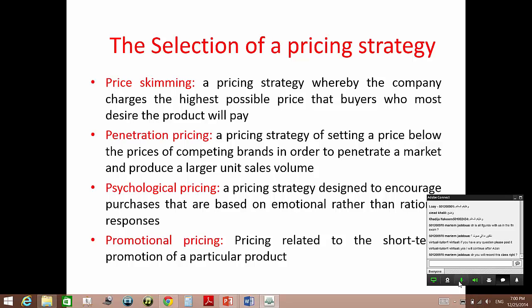That means the companies that use this strategy try to increase the price in order for the customers to perceive that this product is good quality, or this product is very high quality and unique in the market.